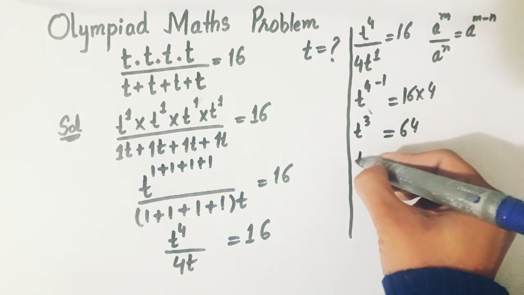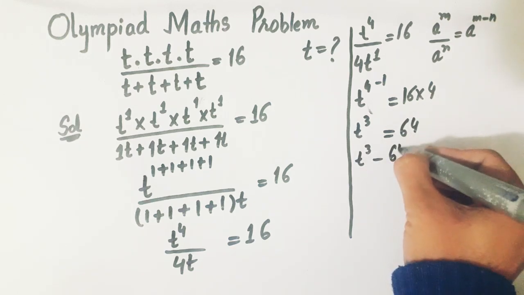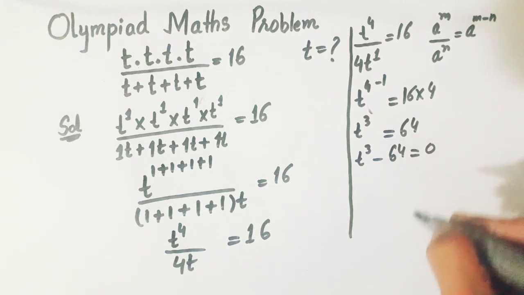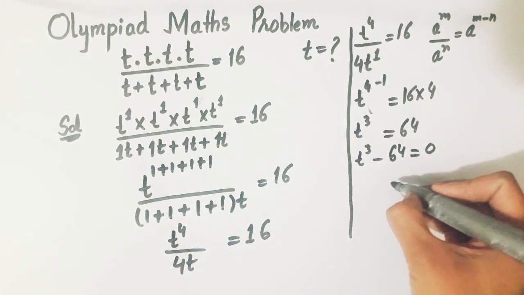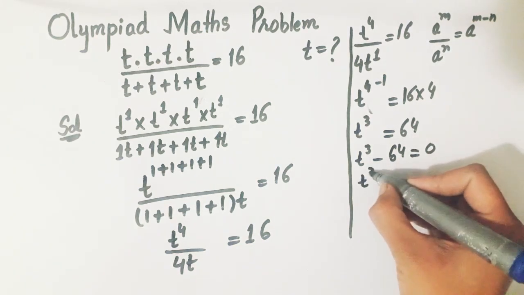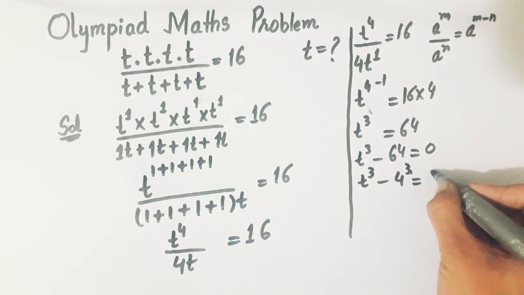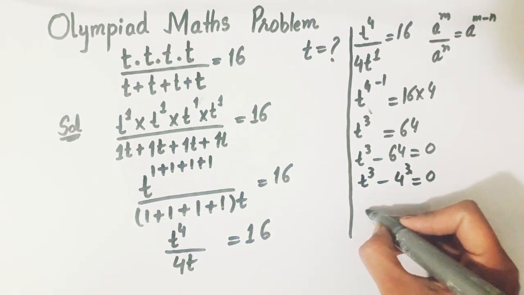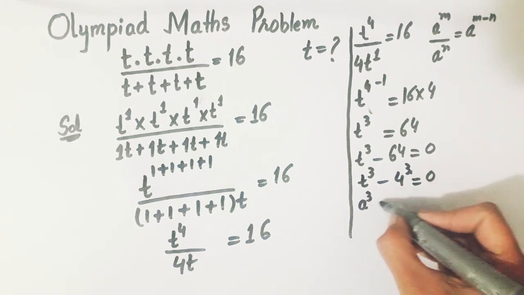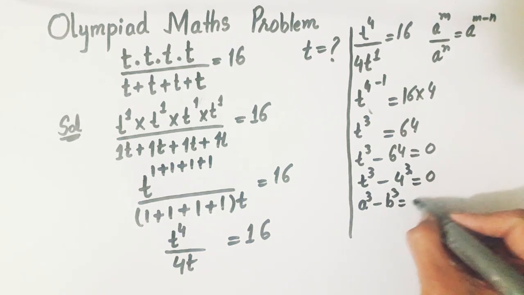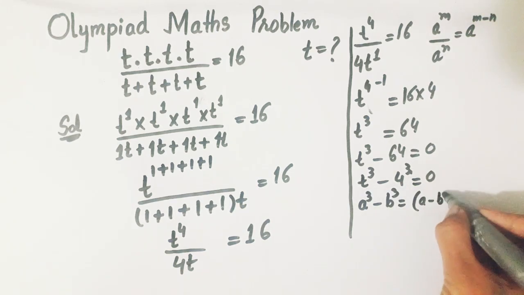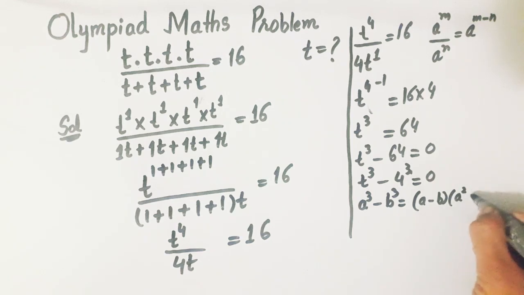That means t cube minus 64 equals 0. Now 64 is the cube of 4. So t cube minus 4 cube equals 0. Here we will apply the formula of a cube minus b cube, that is a minus b into a square plus ab plus b square.